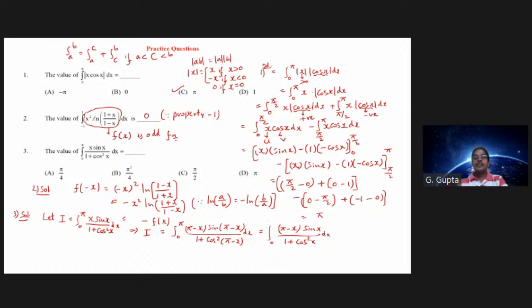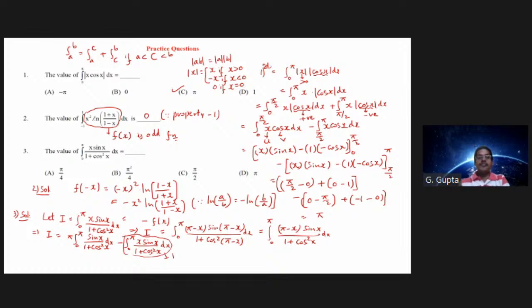So finally, I is equal to, separating the numerator terms, taking the pi constant outside, pi integral 0 to pi sin x divided by 1 plus cos square x dx minus integral 0 to pi x sin x divided by 1 plus cos square x dx. So this is nothing but again I, the given problem.